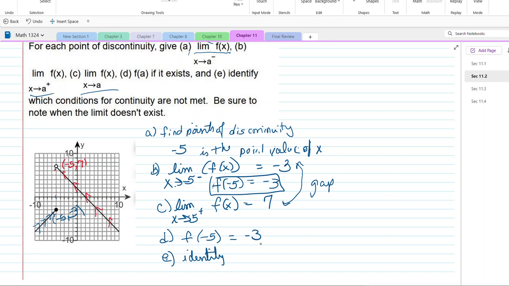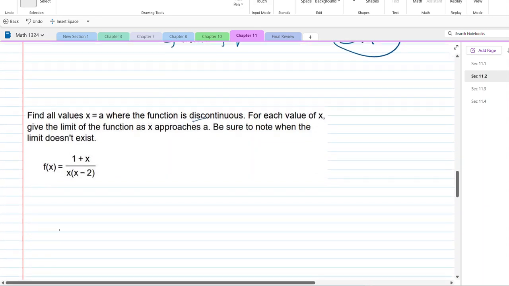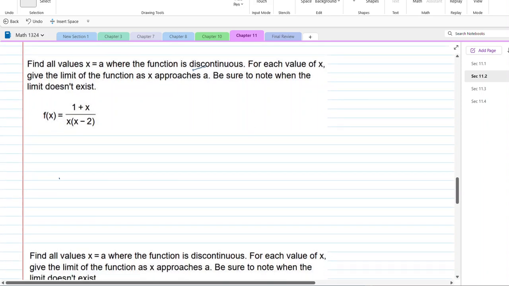We can safely say the limit does not exist. There is a gap. So that is what continuity identifies. You go from the left to the right, see if f of x exists, and go from there.